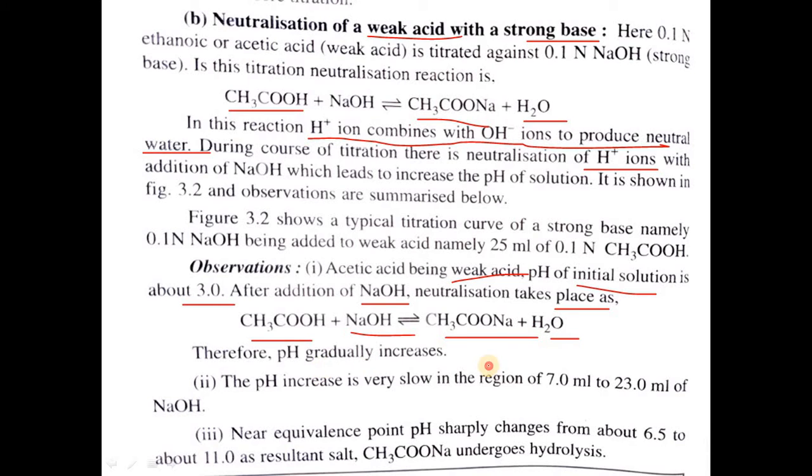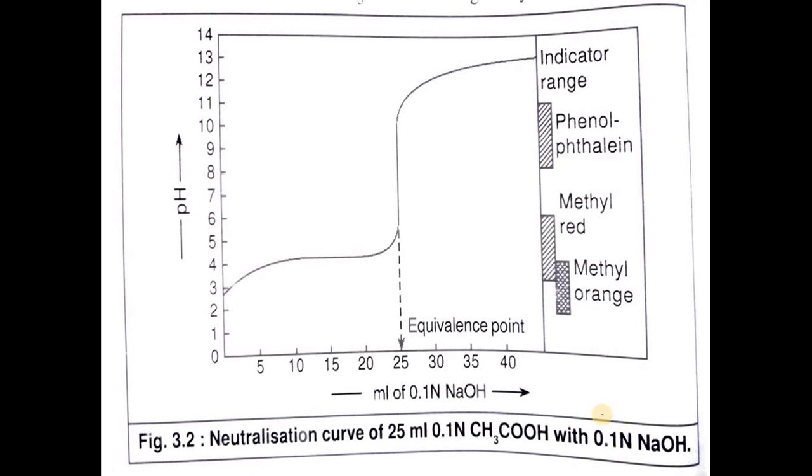The pH gradually increases with the addition of NaOH. The pH increase is very slow in the region 7 to 23 ml. Near the equivalence point, the pH sharply changes from 6.5 to 11, which is shown in the diagram. At the initial state the pH is 3, but as we go on adding NaOH the pH goes on increasing, and at a certain point it becomes constant.